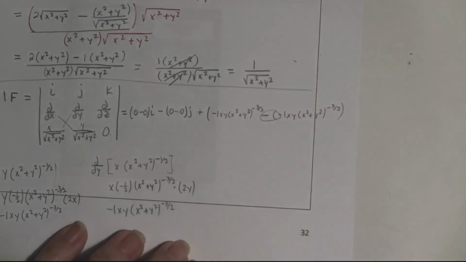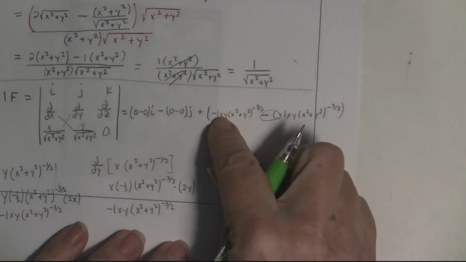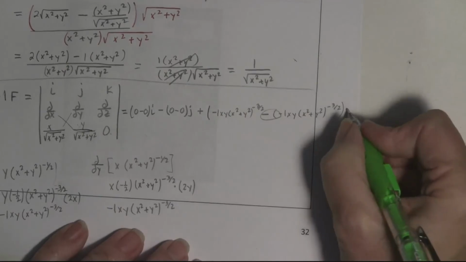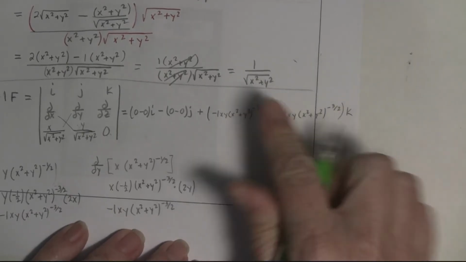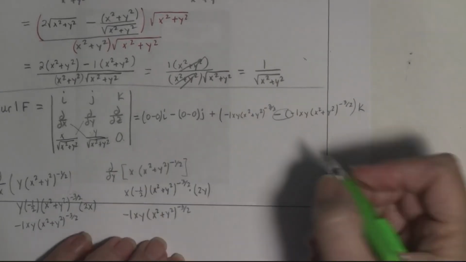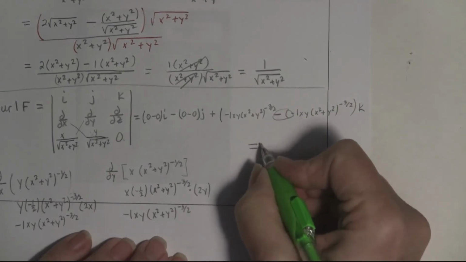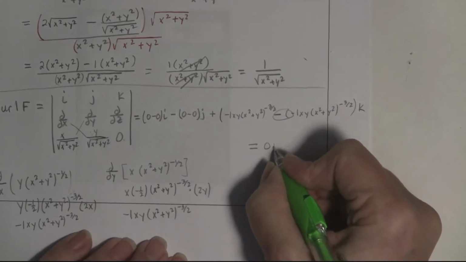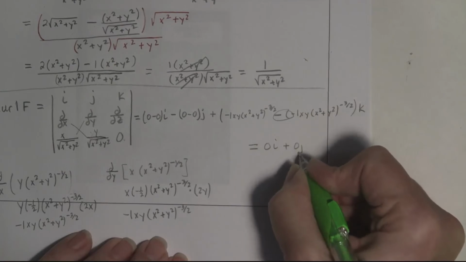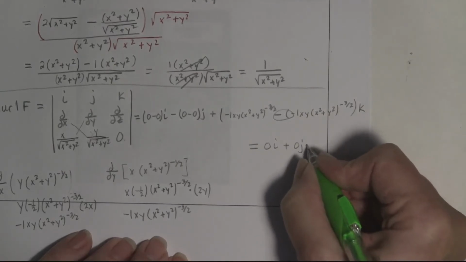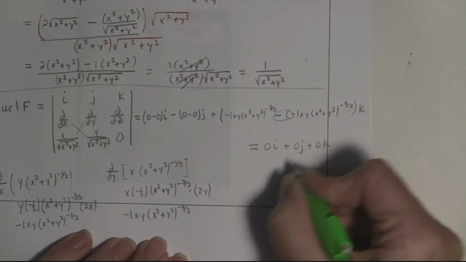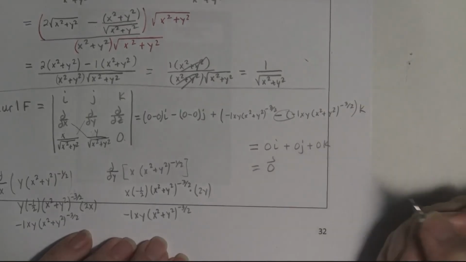And that makes a plus of that. So this is exactly the same as this. This is k, and so that's 0 as well. So for our curl, this is 0i plus 0j plus 0k. So our curl is 0.